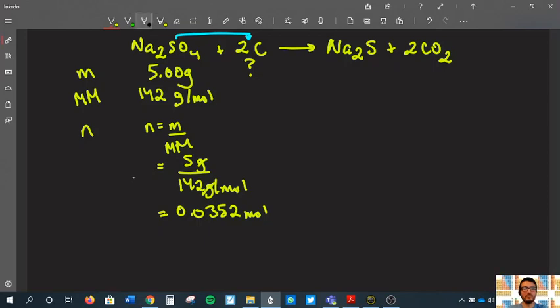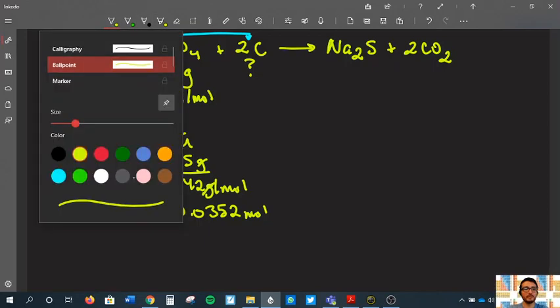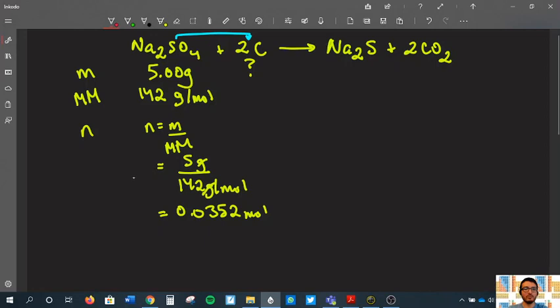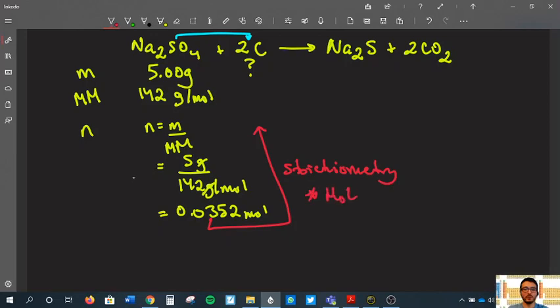Now, whenever you go from moles of one thing to moles of another, that's essentially stoichiometry. And this involves a really important mole ratio. Because we're comparing these two, in this case, the mole ratio is a 1 to 2 ratio.